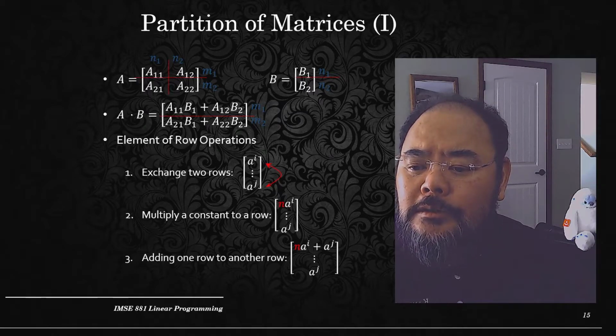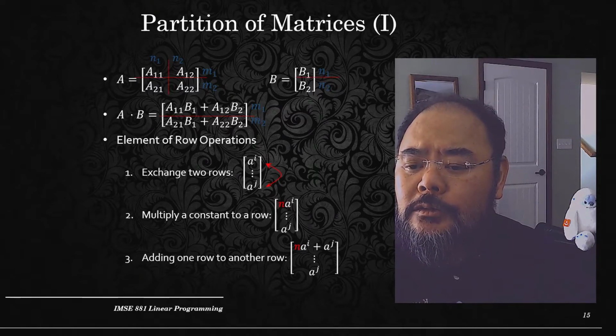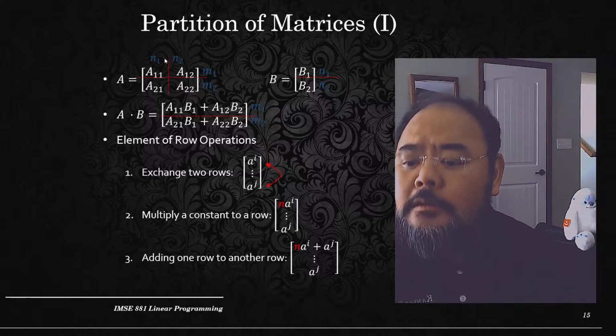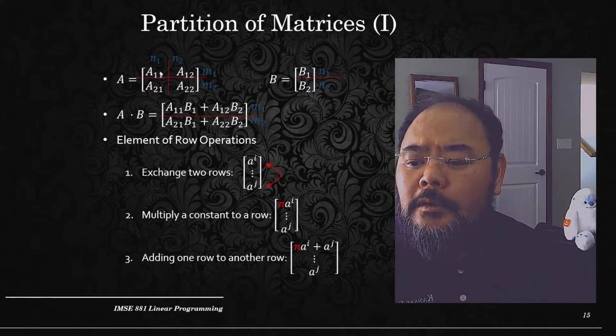If we want to partition the A matrix into 4 parts, the first 2 parts have n1 columns, the second 2 parts have n2 columns, and the top parts have m1 rows, and the bottom 2 matrices have m2 rows. So this is m1 rows, n1 columns, m1 rows, n2 columns, and so on and so forth.